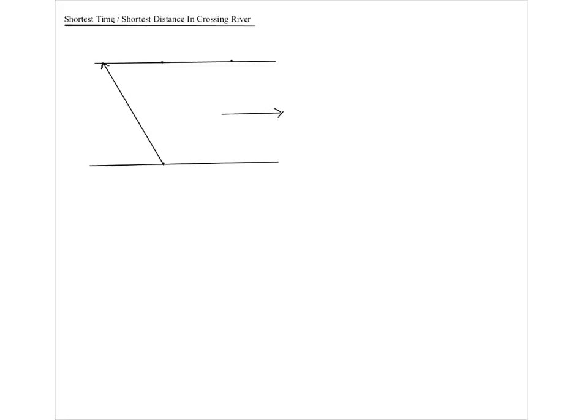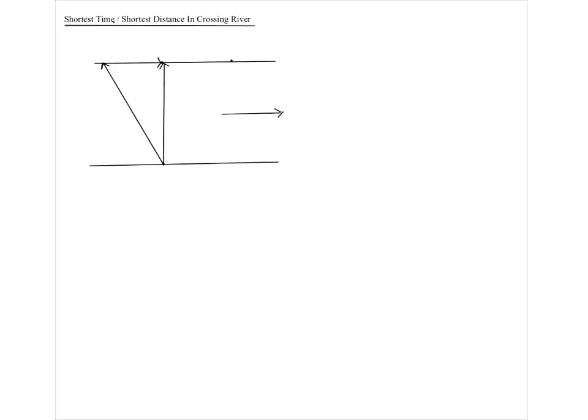So with respect to the river, you are going like that, this way. The river pushes you to the right side. So somebody from the ground sees that you have gone absolutely straight. And you will reach the exactly opposite point on the other side.